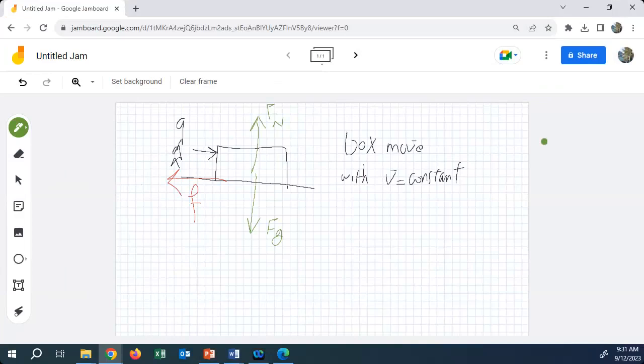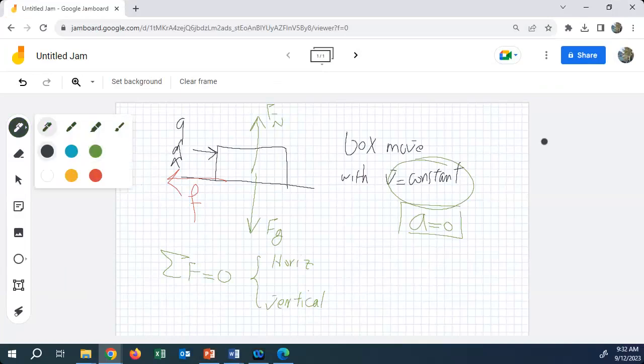How can we analyze this? We can say that the box is moving with constant velocity. What does it mean? The acceleration is 0. When the acceleration is 0, net force is 0, in all components, horizontal and vertical. So how many horizontal forces do we have?